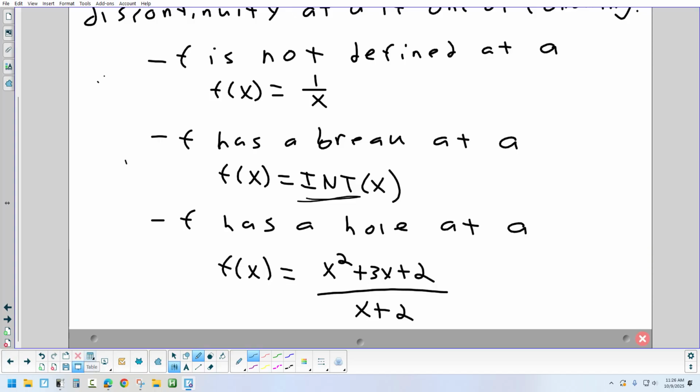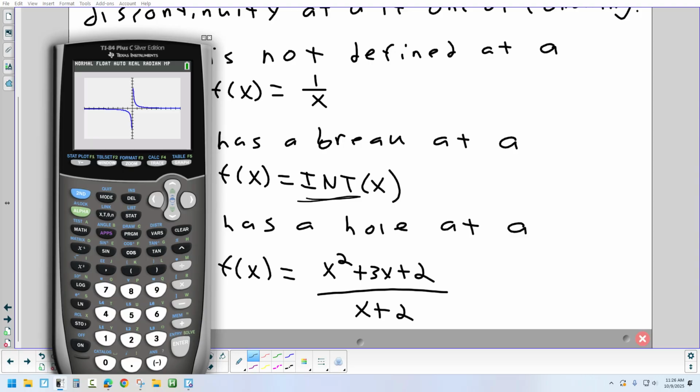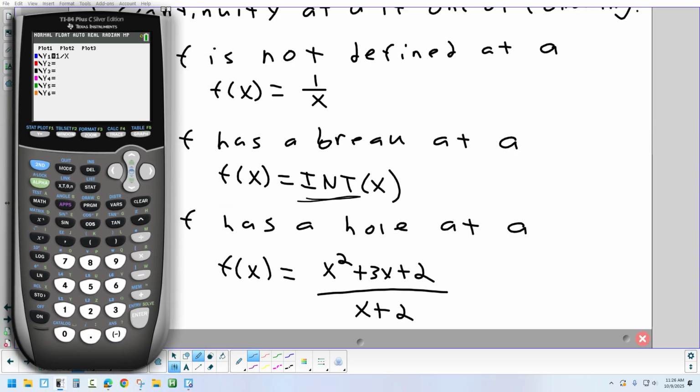Let's type in that and graph it and see what it looks like. So in parentheses, let's type in x squared plus 3x plus 2. We're going to divide by x plus 2. I'm going to do zoom 6.